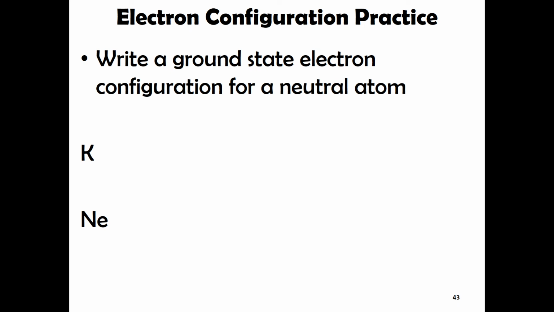If I just ask for an electron configuration, assume neutral atom and assume ground state. We can have electrons jump up into higher orbitals, but for the most part, we'll assume that that's a ground state and it's a neutral atom.